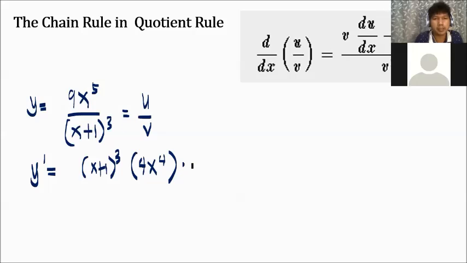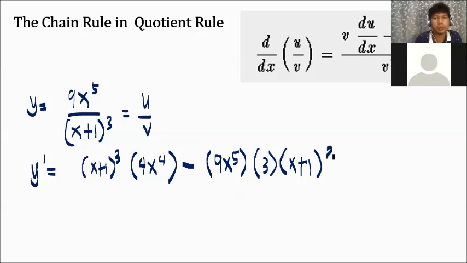Then minus, do not forget that this is a subtraction sign. Copy u, 9x raised to 5. Then derivative of v, so that is 3 because of the cube. X plus 1, then 3 minus 1 is equal to 2 here.